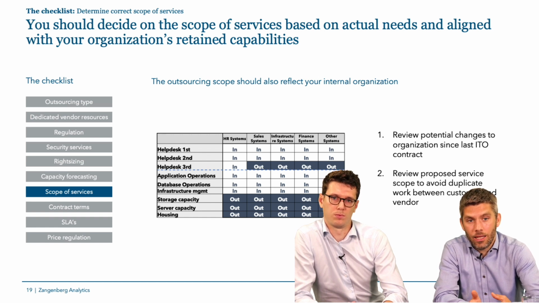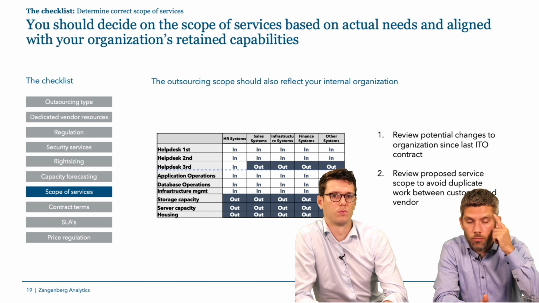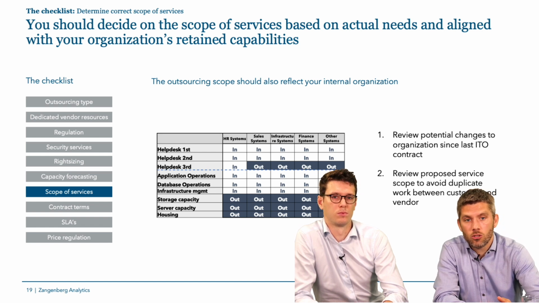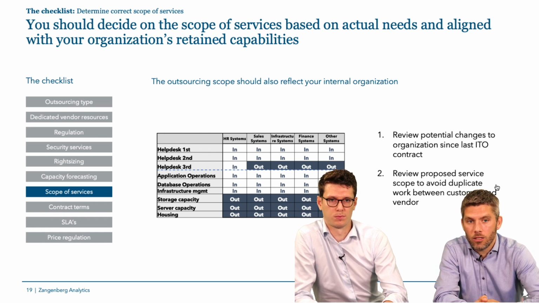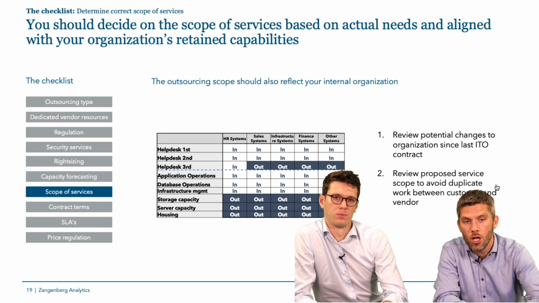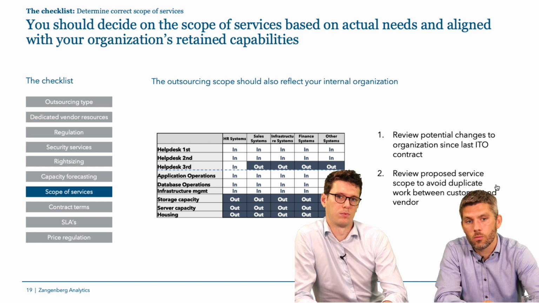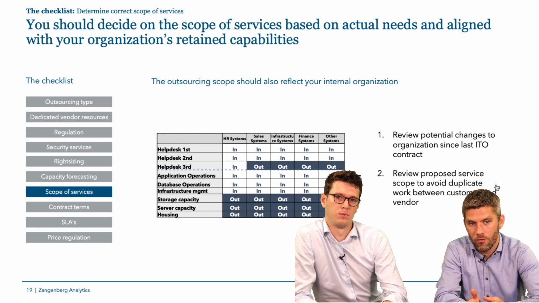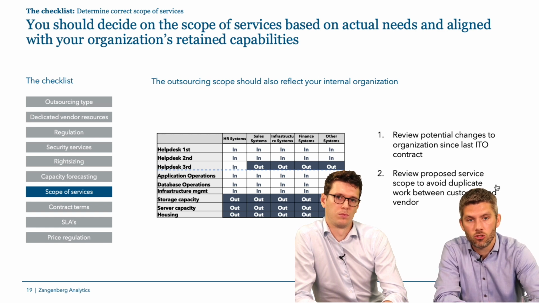This does evolve as services evolve, but it also depends on what your internal organization can deliver. The alignment is especially important to avoid doubling resources for an activity that you have already outsourced, which is a thing we often see when we go through external ITO agreements: you have some people on the inside doing the vendor's job because they weren't aware that it was actually the responsibility of the vendor.